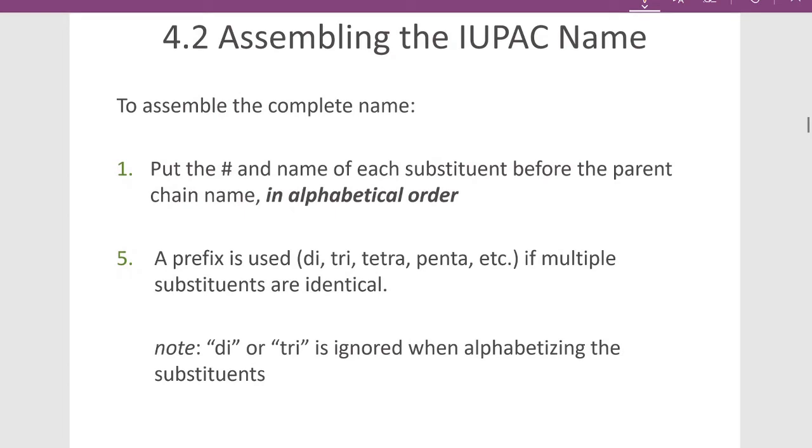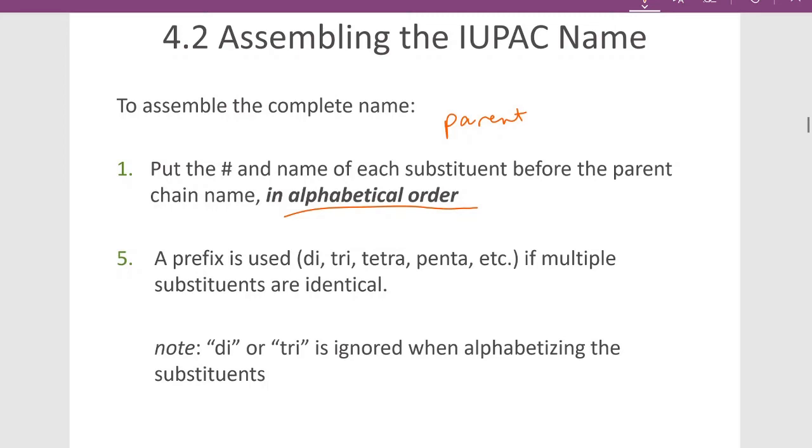That's the way we do it to assemble the name. We find our parent. We identify the substituents, assign them a locant, and assemble them alphabetically, okay? And then we put the substituents before the parent in alphabetical order.